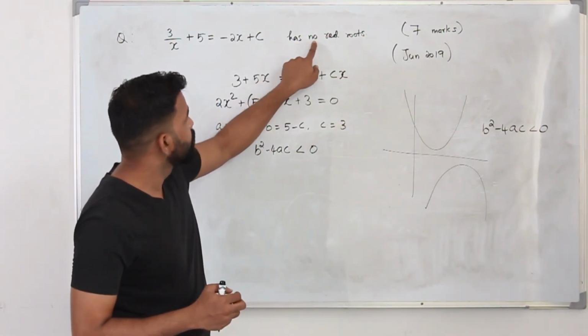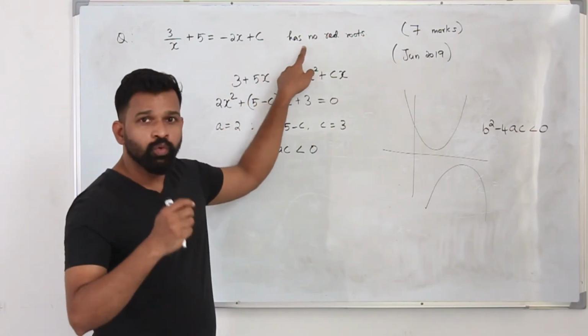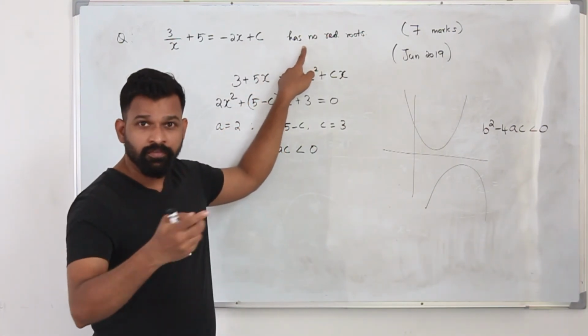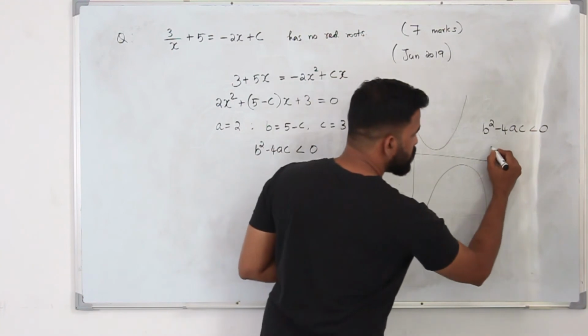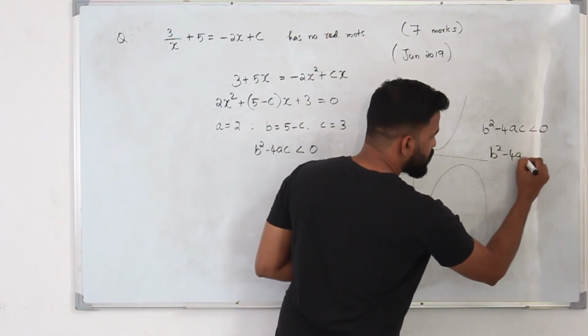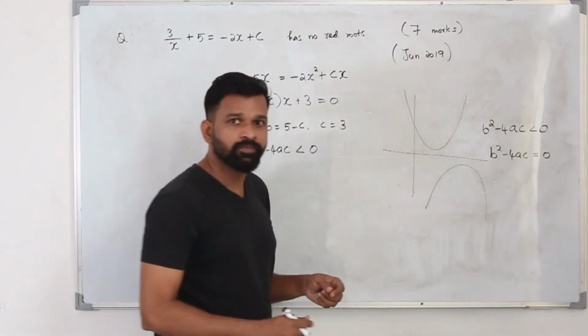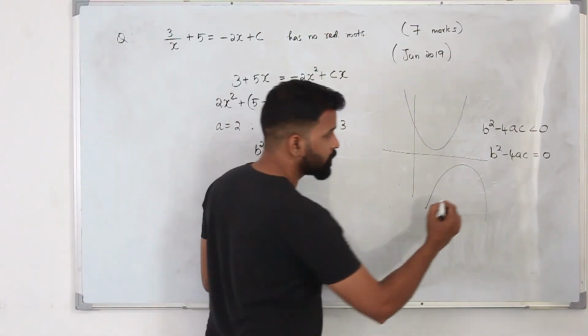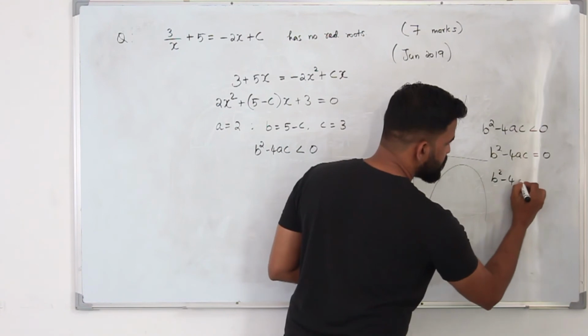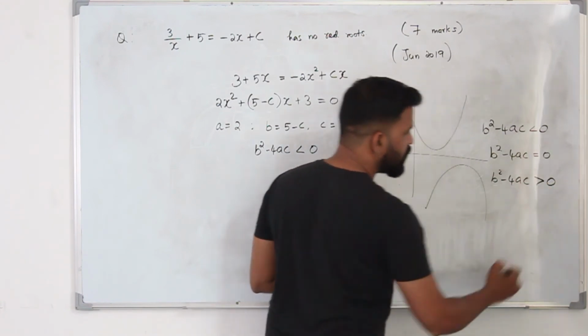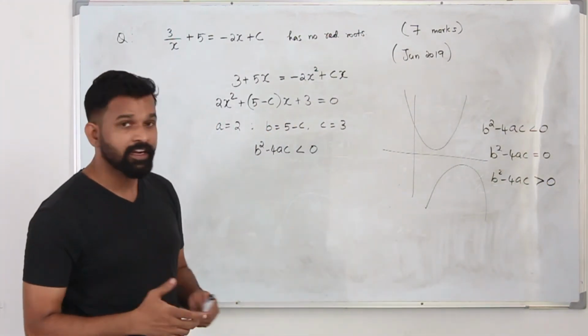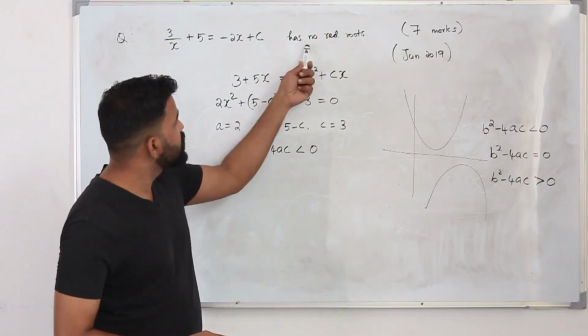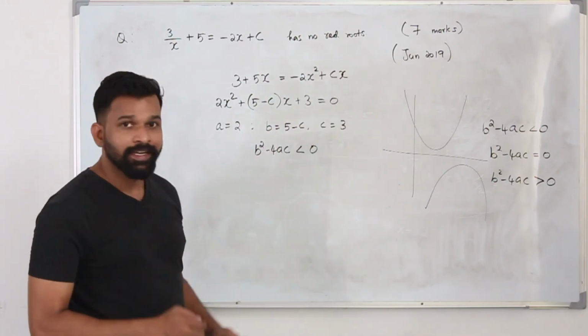Sometimes it might be like, the question has 2 equal real roots. When they say 2 equal real roots, your b square minus 4ac equals 0. When they say 2 distinct real roots, your b square minus 4ac should be a positive number, greater than 0. In this case, no real roots, so we use less than 0.